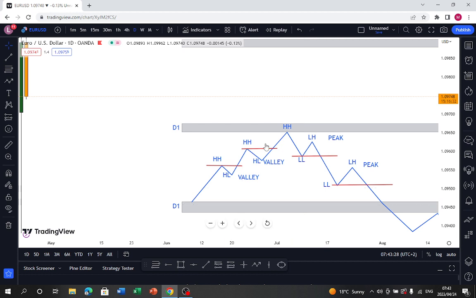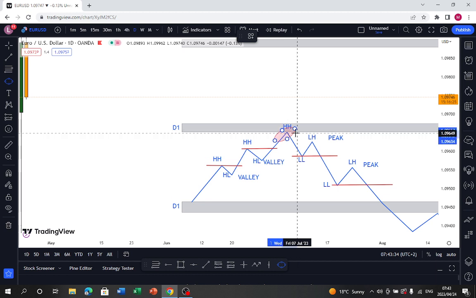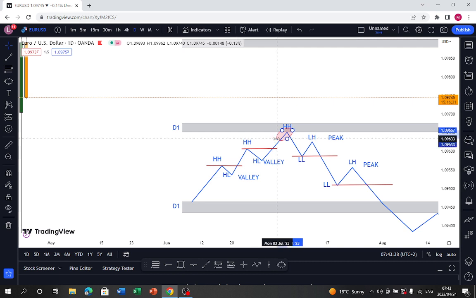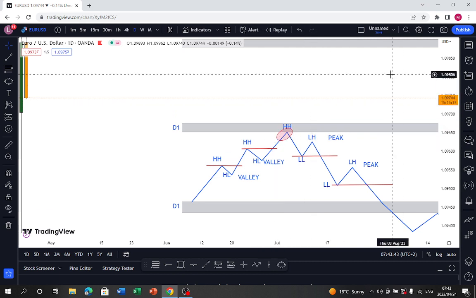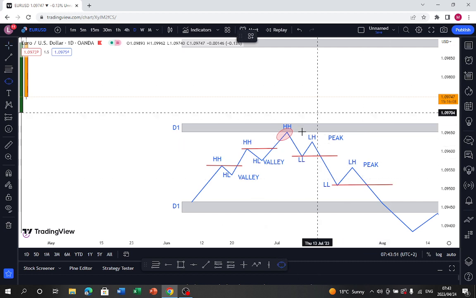Once the market reaches the area where you say it is a daily resistance, coming from the floor, you're going to switch to a lower time frame, preferably H4 and H1. That's where you're going to look for the market shift like this.